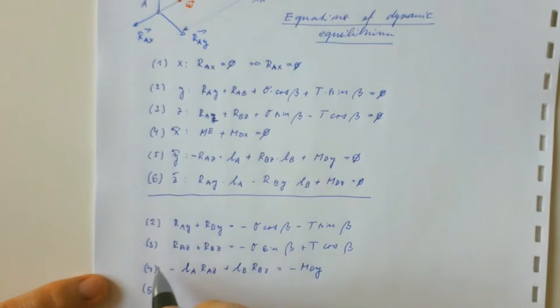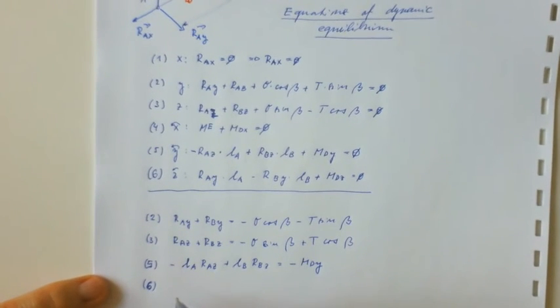Oh, sorry, I continued with fifth, so this is the sixth equation. So it is La Ray minus Lb Rby is equal to minus Mdz.